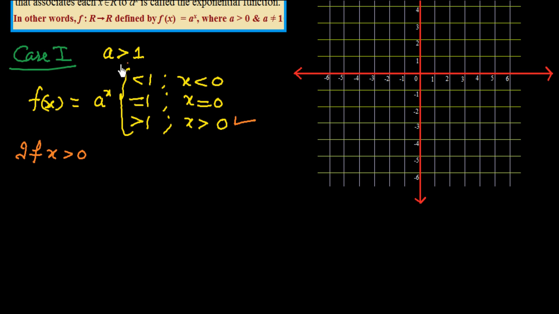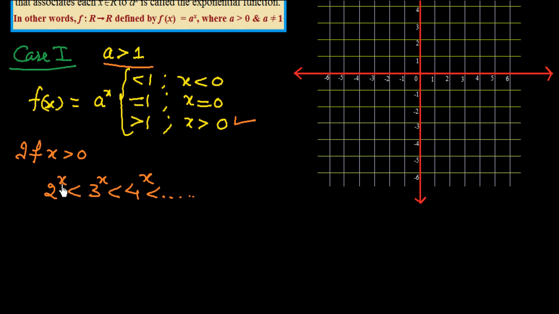You know that here we have taken the condition that a is greater than 1. If x is greater than 0, then 2 power x is smaller than 3 power x is smaller than 4 power x is smaller than so on. So now I would like to explain how it comes.